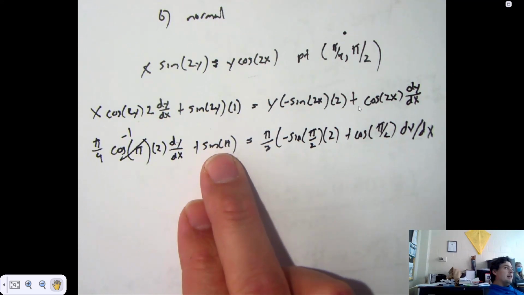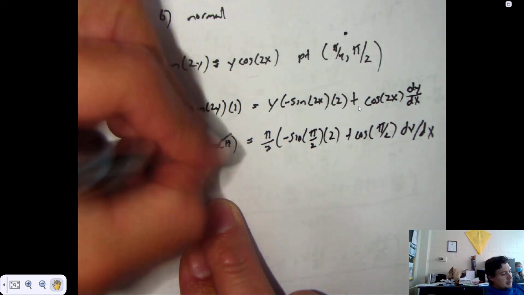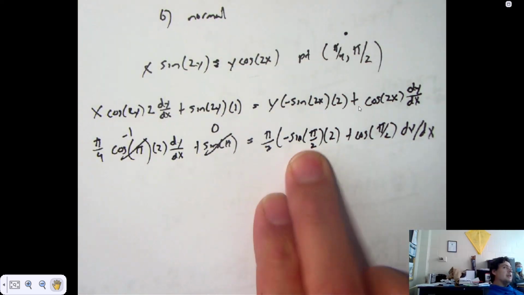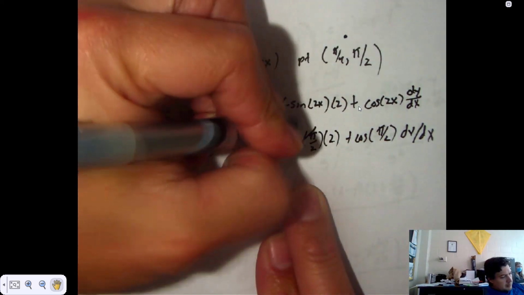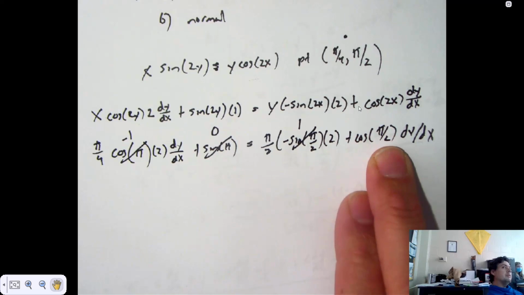There's a sine of pi. 0. Think about your unit circle, kids. You're at pi. The y value is 0. Sine of pi over 2 is 1. Cosine of pi over 2.